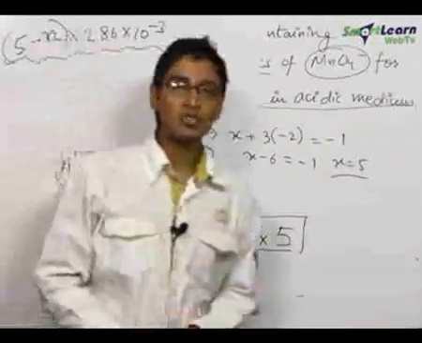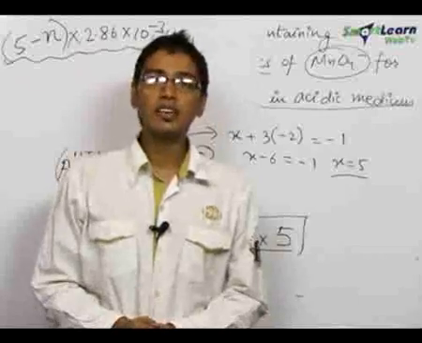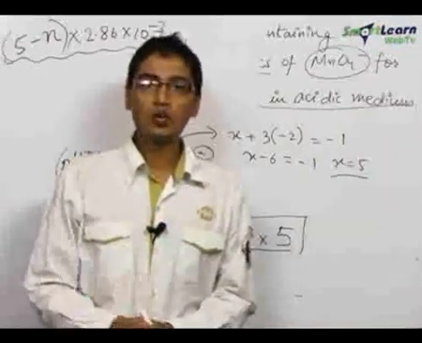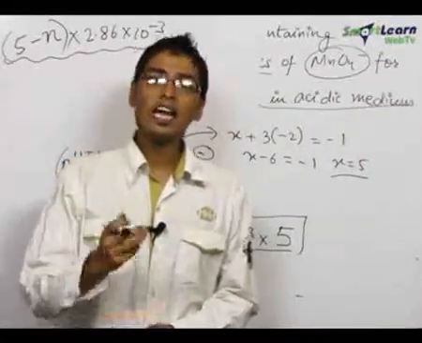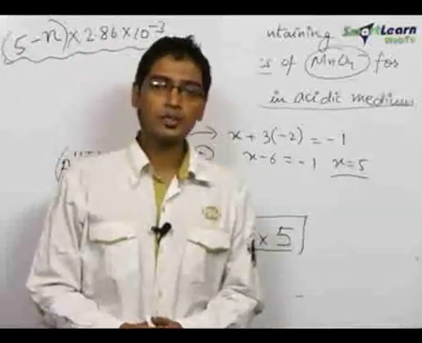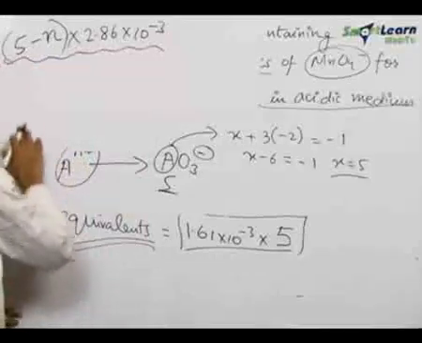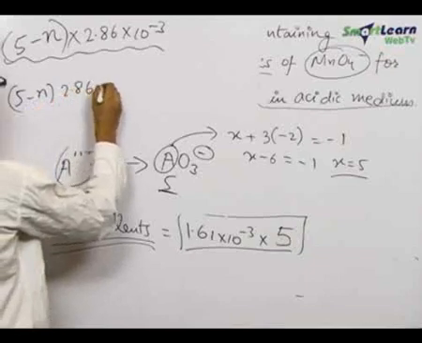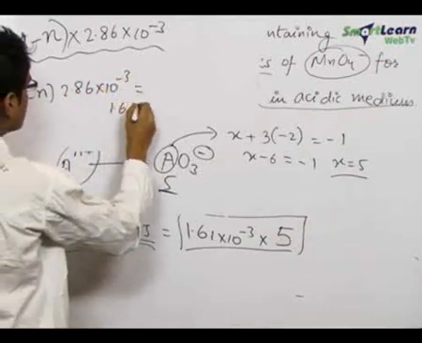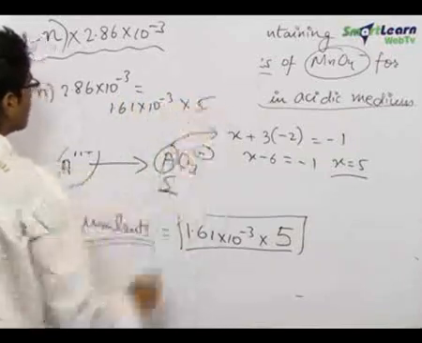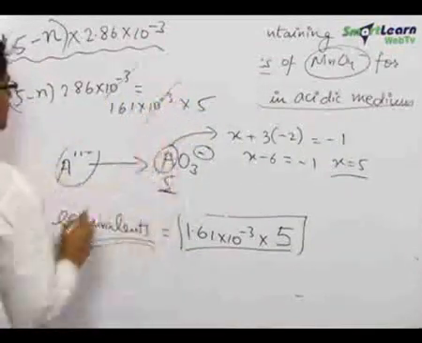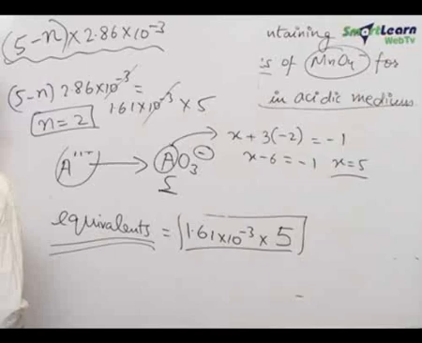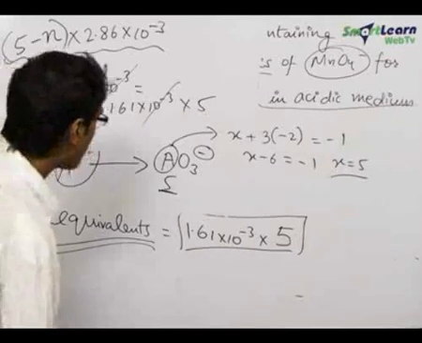Here A^n+ is getting oxidized to A^+5 and MnO4^- is getting reduced to Mn^2+. So MnO4^- or KMnO4 is getting reduced, and hence it is the oxidizing agent, and A^n+ is getting oxidized, so it is the reducing agent. Hence we equate the equivalents of the reducing agent and the oxidizing agent to get (5 minus n) into 2.68 × 10^-3 equals 1.61 × 10^-3 into 5. The 10^-3 terms get cancelled out, and on solving we get n equals 2. Hence we have got the final value of n as 2.